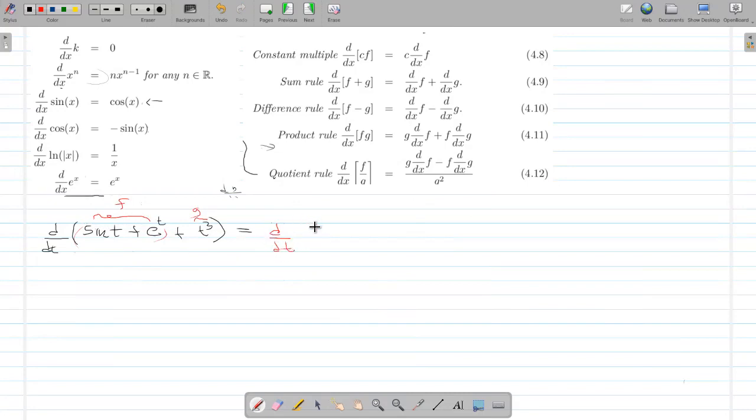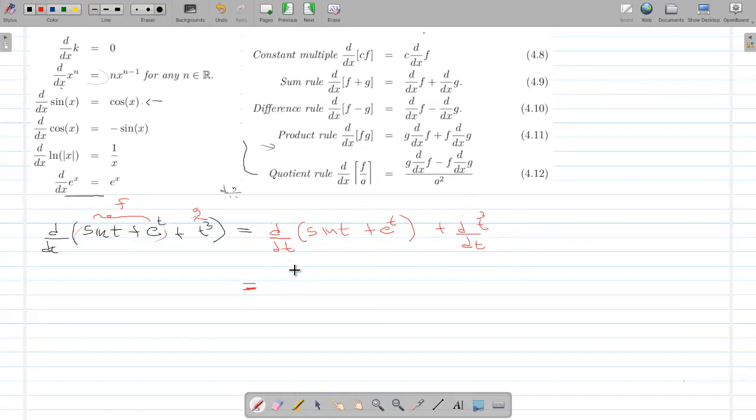So here, of the first function, this is the first application of the sum rule, plus. So that is the first application of the sum rule.